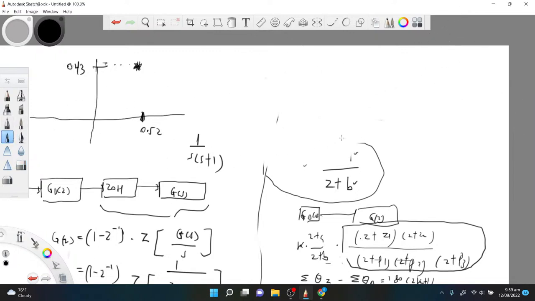Why is it shifted down? Yeah, I pressed something. Alright, so that's gone.